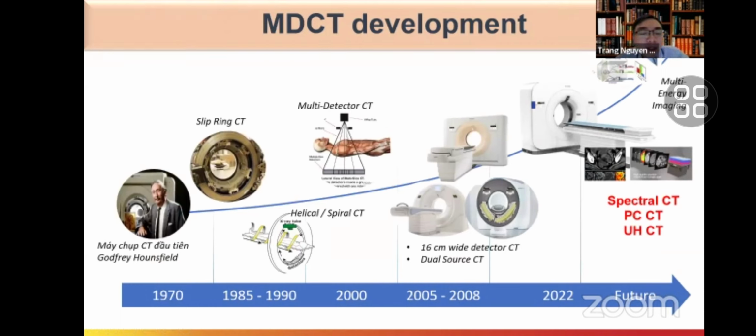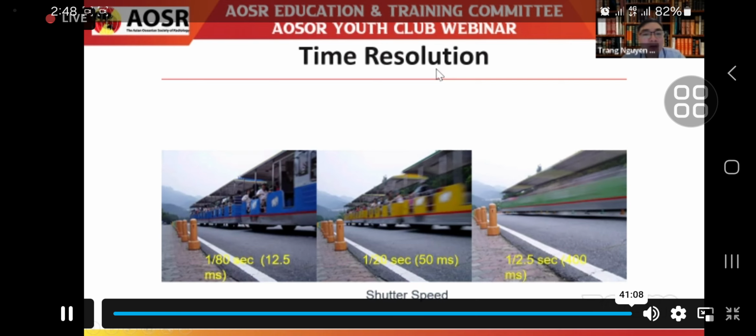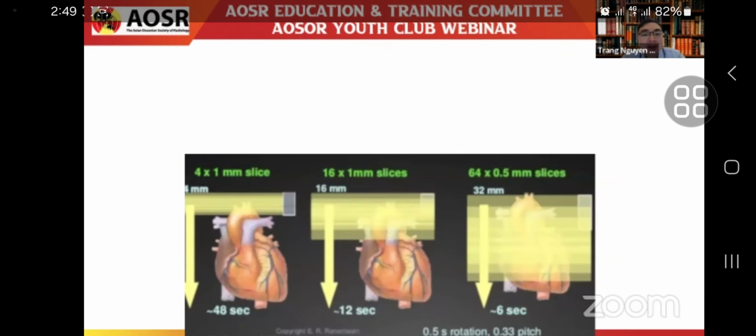Following the history of CT, we know that since the beginning of CT with the first CT scanner, sorry, this is in Vietnamese, but it is from Mr. Hounsfield. Until now, many other CT technologies have been introduced and launched, like spectral CT, photon counting, or ultra high resolution CT, and that is very helpful to improve the time resolution for cardiac coronary CT and the spatial resolution.